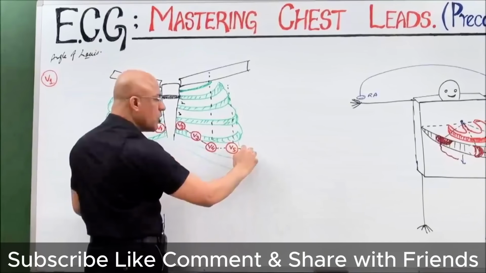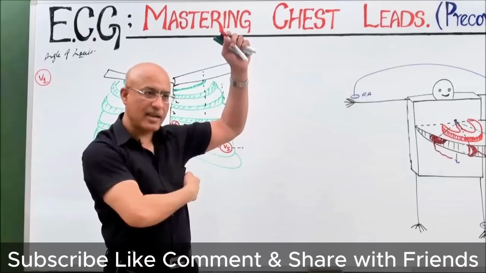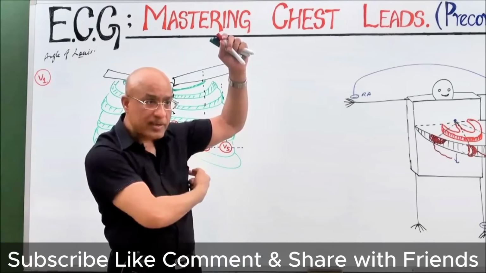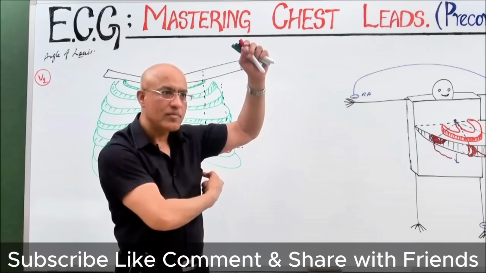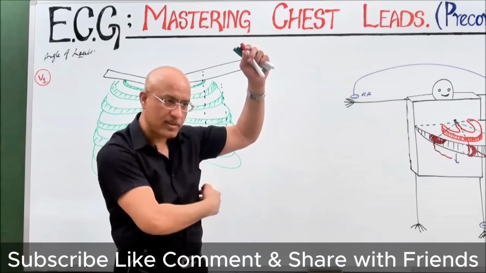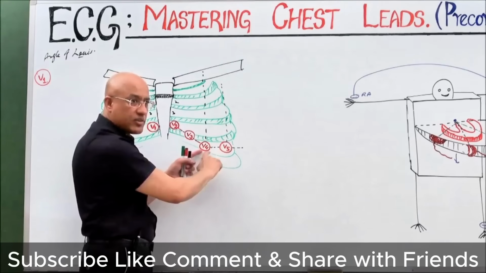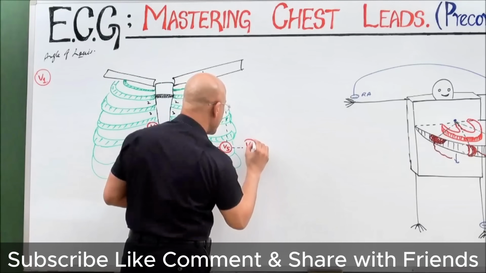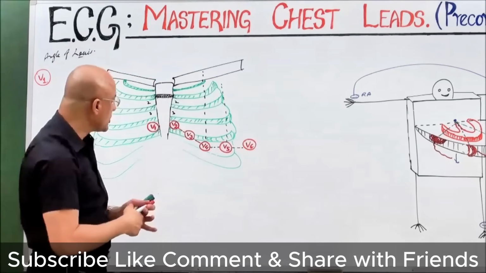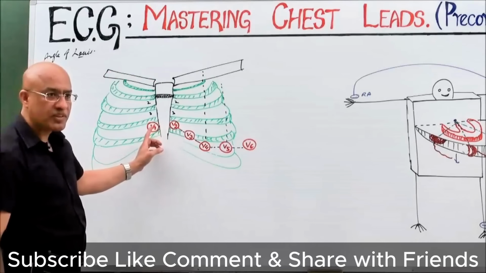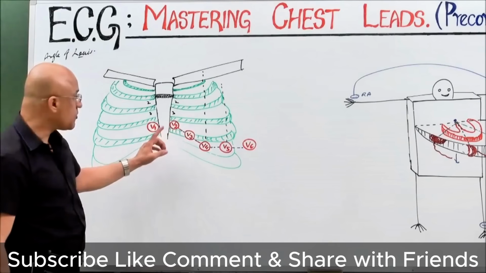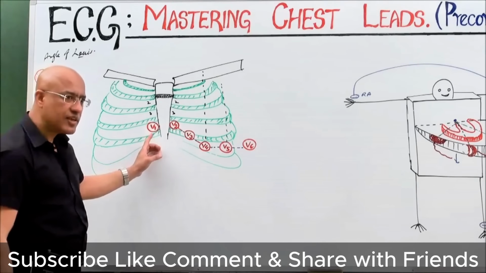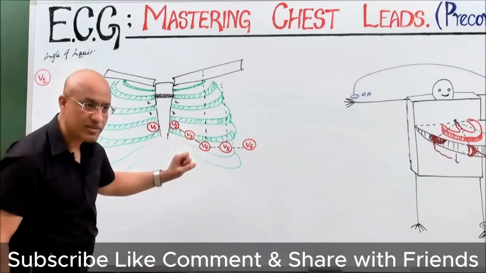And then you move more laterally and you place the electrode in the mid axillary line, at the same horizontal plane as V4 and V5, and now you are placing it here, and this is V6, right? So these are the specific positions on the chest for placement of the exploring electrode for the 6 standard chest leads.